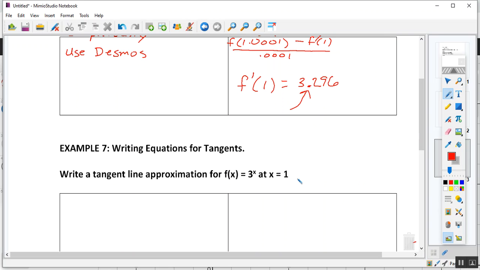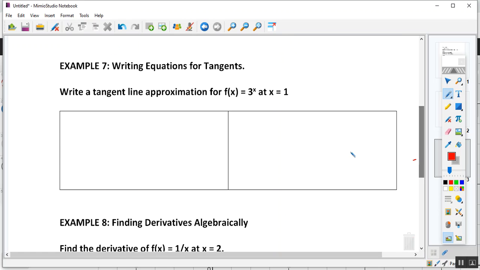Okay, so I'm going to write this right down here, kids. From example number 6, f prime of 1 was equal to, what was it, 3.296, kids? Okay? That just simply means the slope at 1, 3 is what?